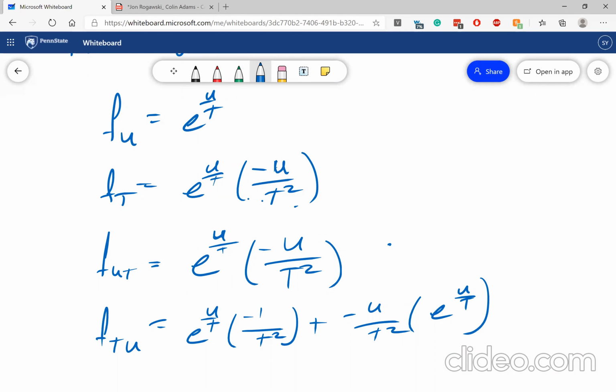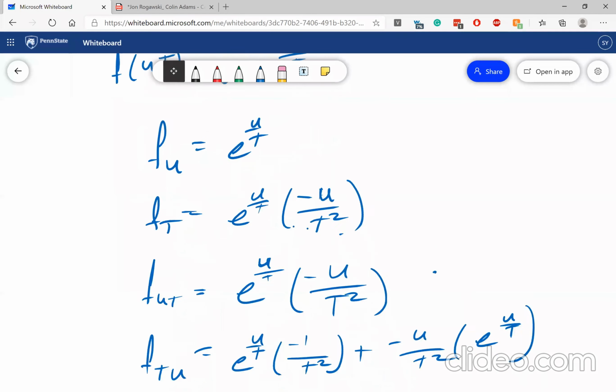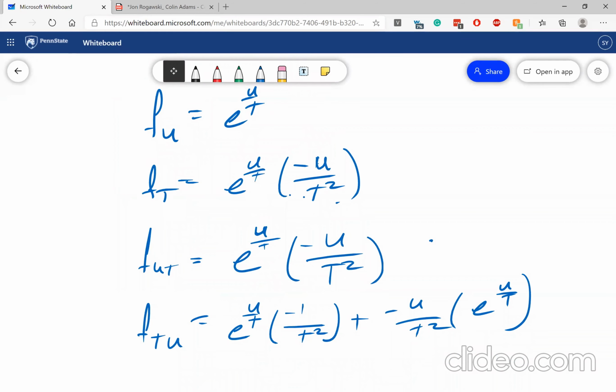So, maybe I didn't do the chain rule over here. That's the problem. No, I did. This is u, this is t. ut comes from here. No, we don't need to do the chain rule. Okay. So are these two equal?